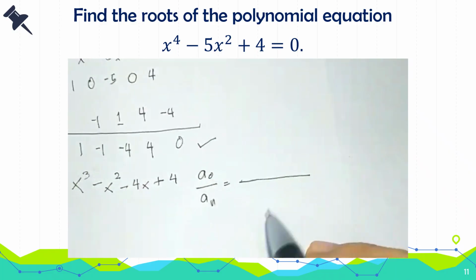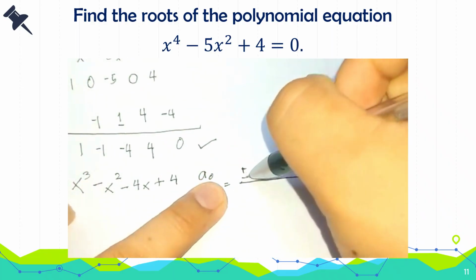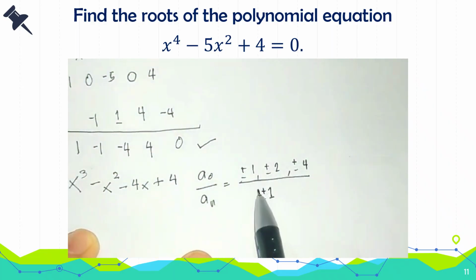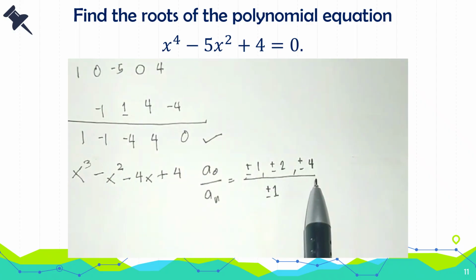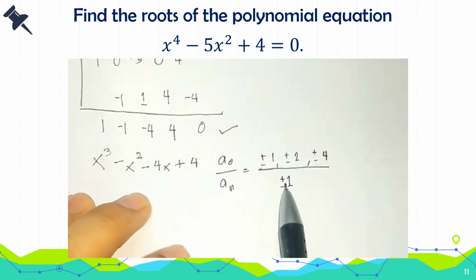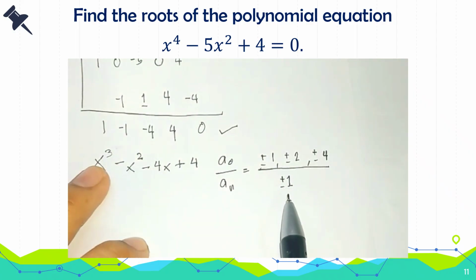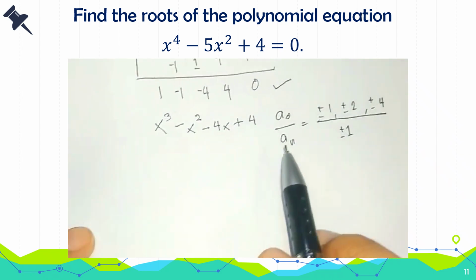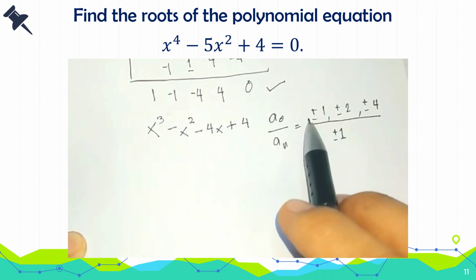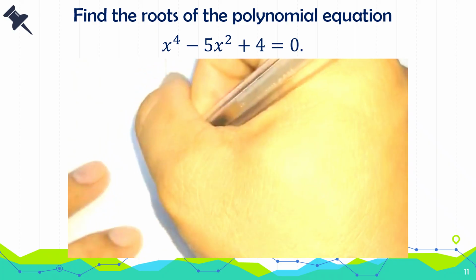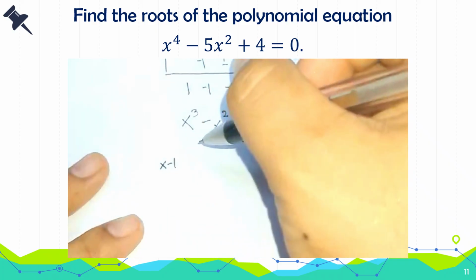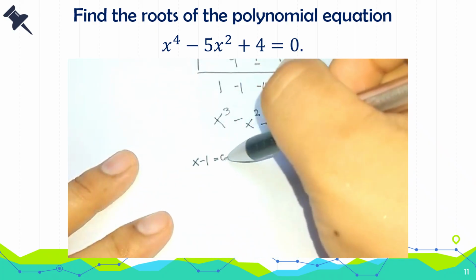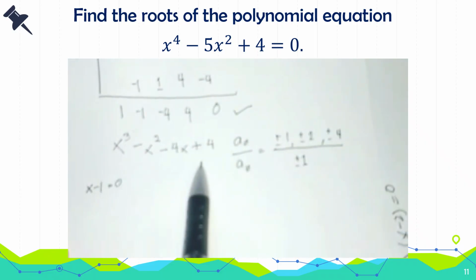A sub 0 here will be positive negative 1. Here are the possible factors. Factors of 4. Factors of our leading coefficient, that is 1. So we will have negative positive 1. So we will use first the smallest value. This time I would like to use x minus 1 to test if this is a factor for this expression.